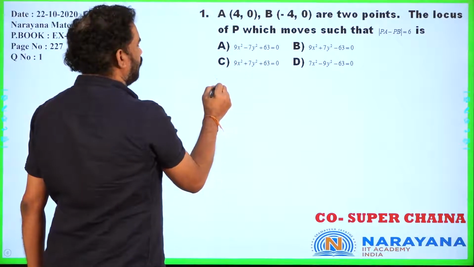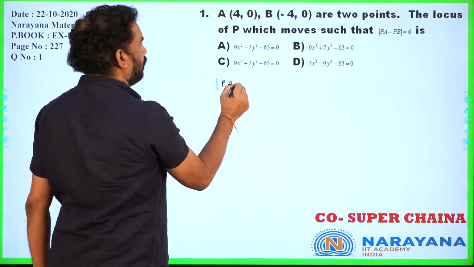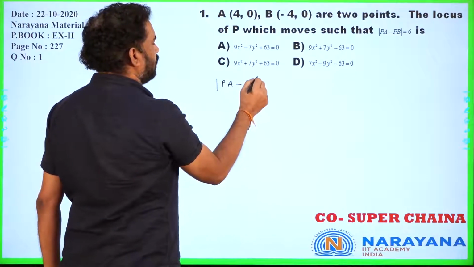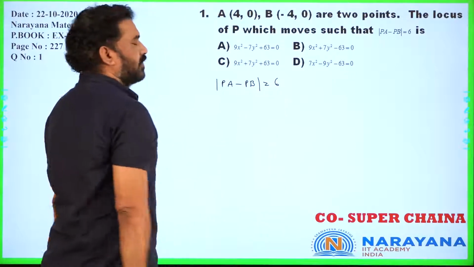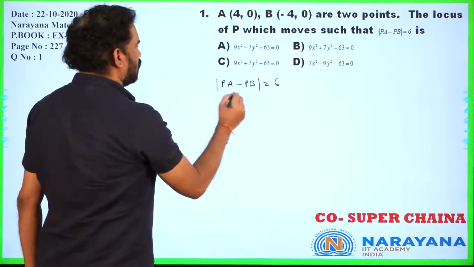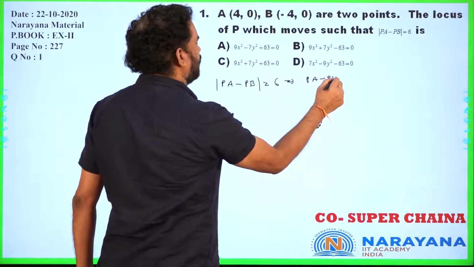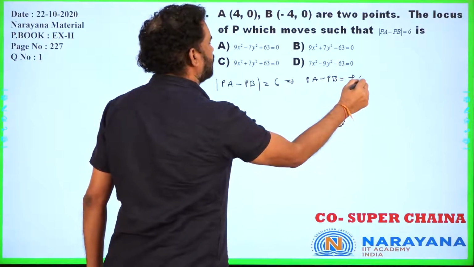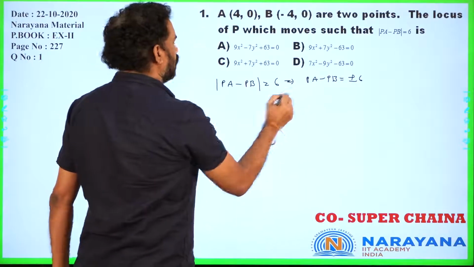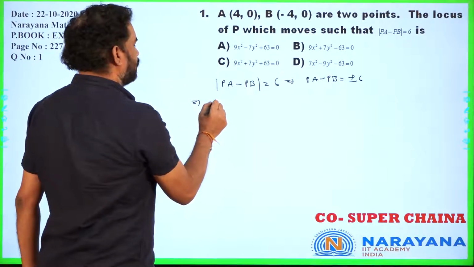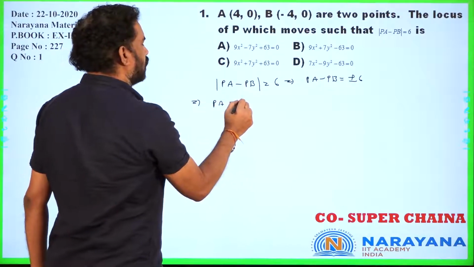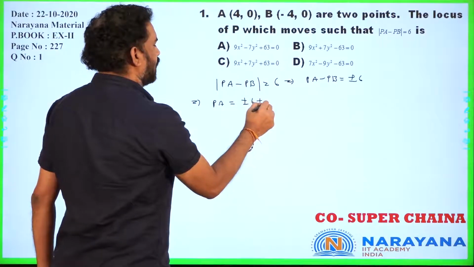So mod of PA minus PB equals 6, that is given. Okay. So this implies PA minus PB equals plus or minus 6. Then this implies PA equals plus or minus 6 plus PB.